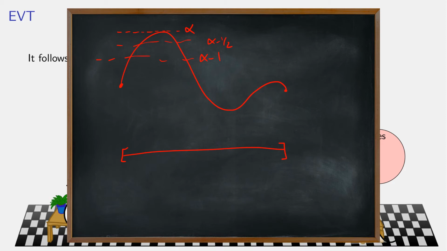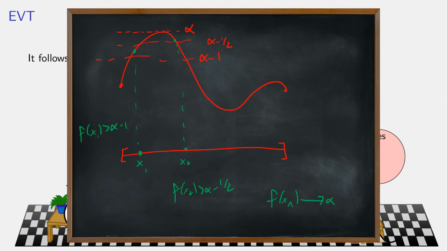Specifically, I can find a point x sub 1 where f of x1 is bigger than alpha minus 1. And I can find a point x2 where f of x2 is bigger than alpha minus 1/2. And I can keep doing this. Okay, so the f of xn's must be converging to alpha.